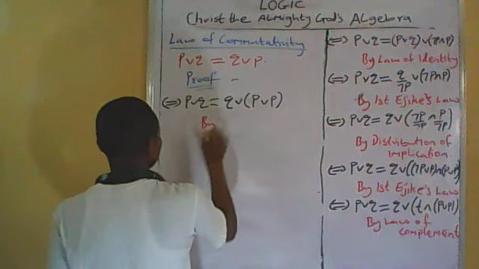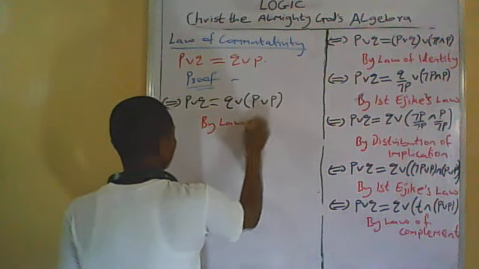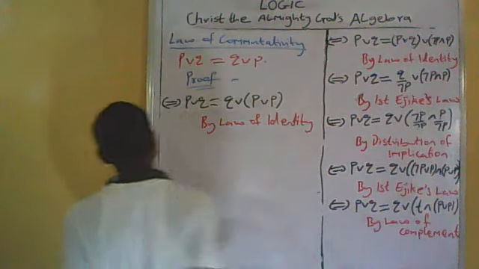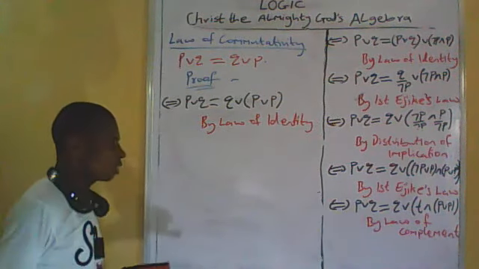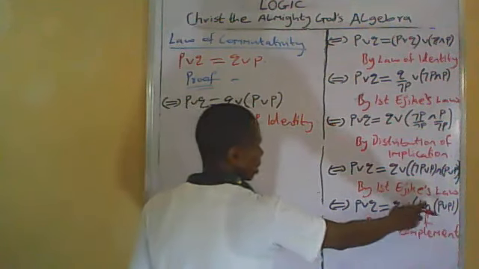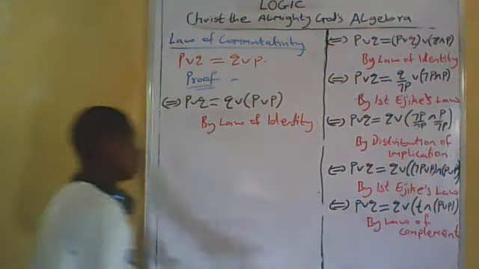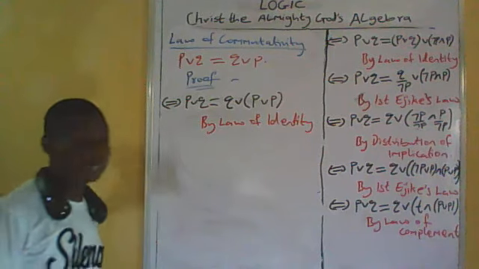That means when T is anded with any term it is that term, being justified by law of identity.